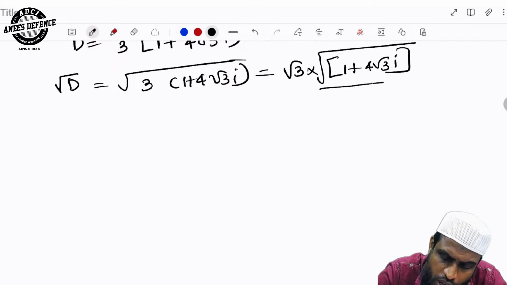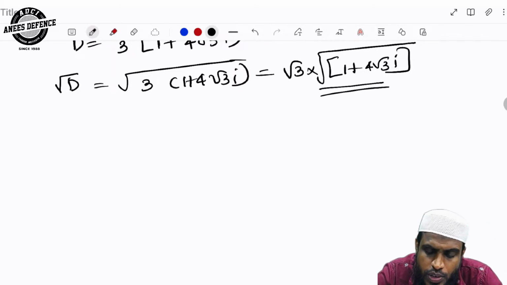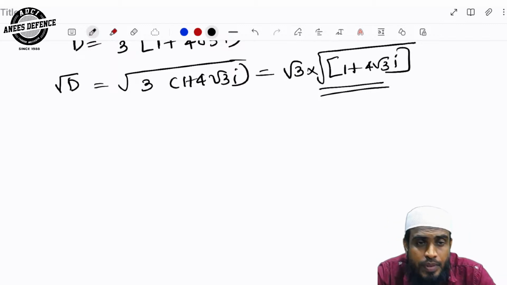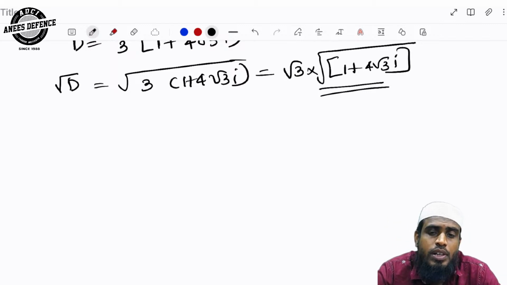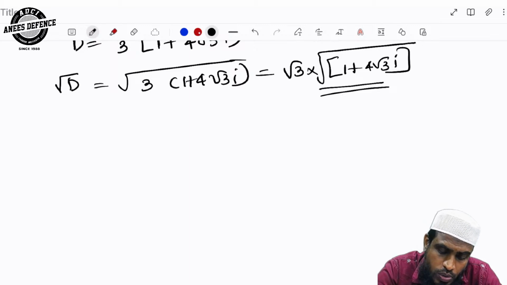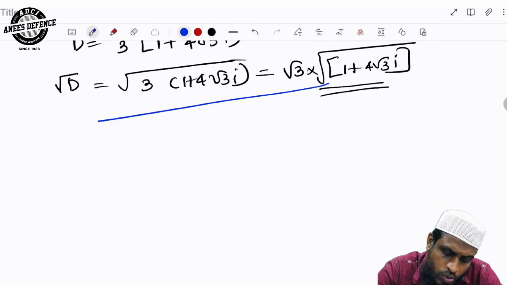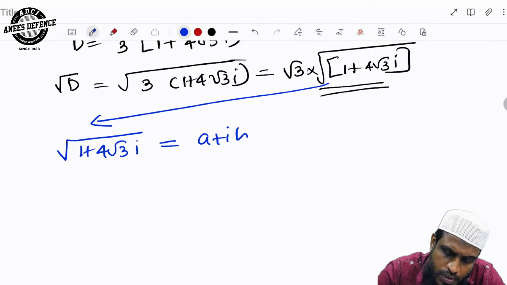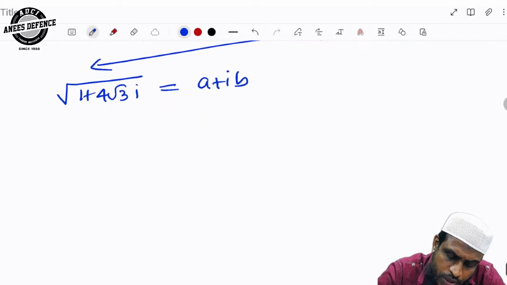So here you are getting a complex number inside the root. So you cannot go directly and write in the quadratic formula. First you have to calculate the square root of this number, square root of 1 plus 4 root 3i. That can be considered as a plus ib, our previous method. Now we have to square on both sides.